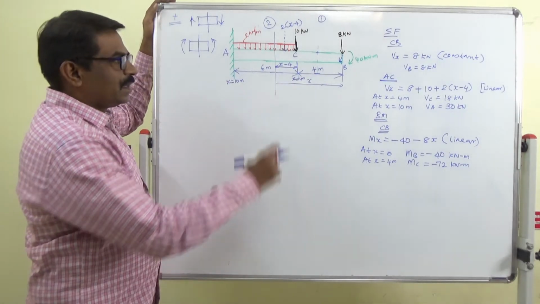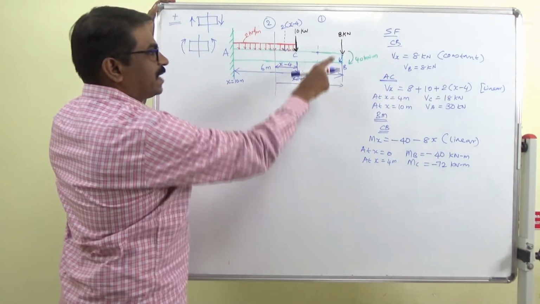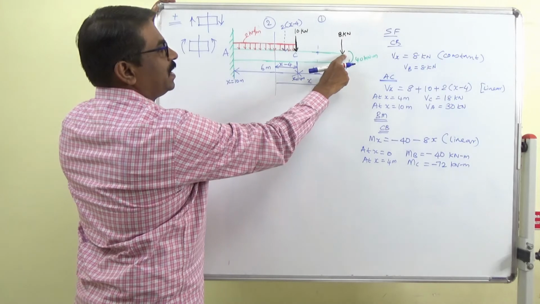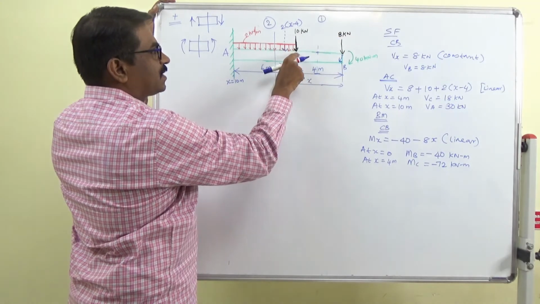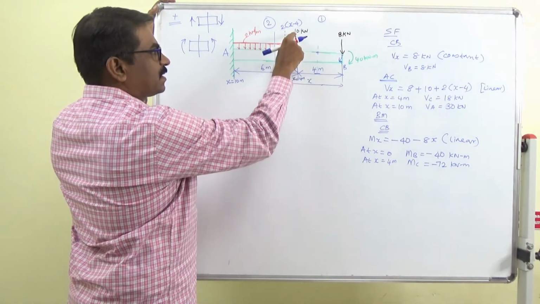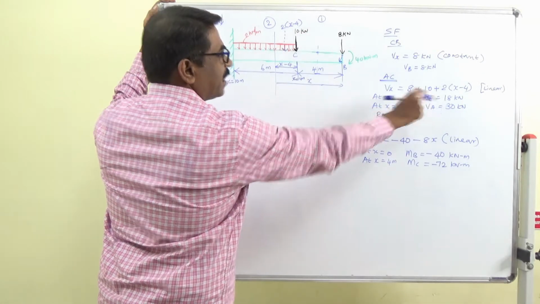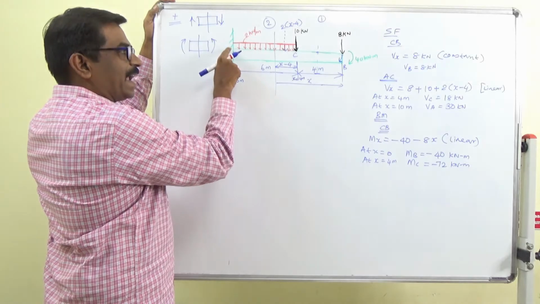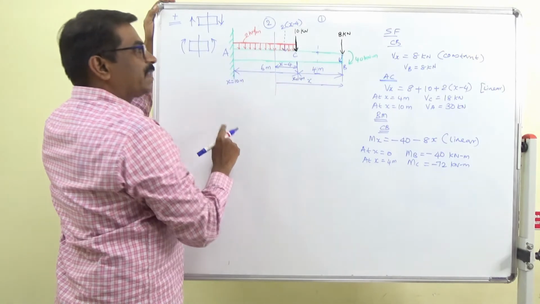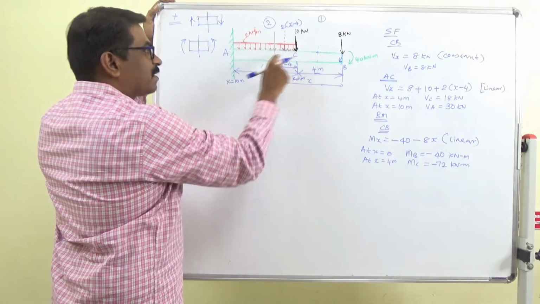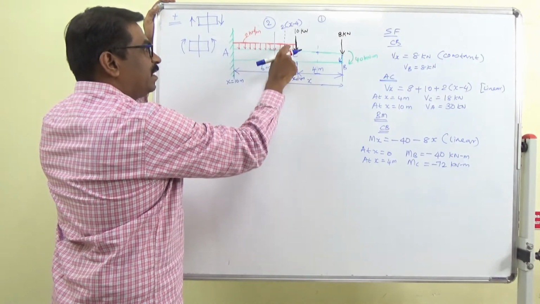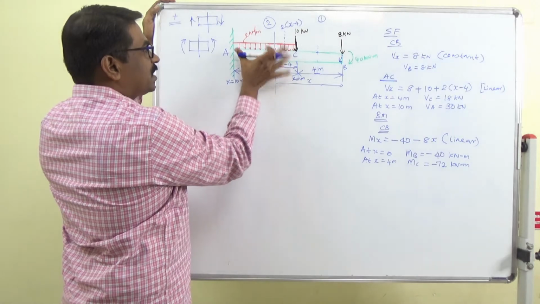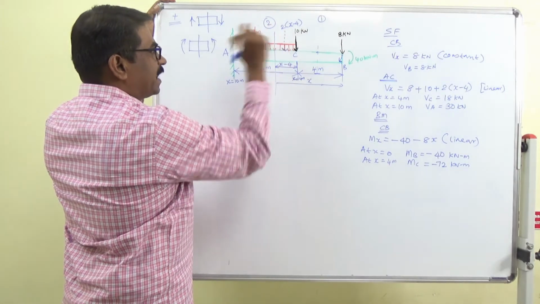Now, even without doing all this, directly we can get the values. At B 8 kilonewton, at C 8 plus 10, so we are getting 18. If my section is here at A, and I look at all other forces, the entire UDL will be converted into a point load. So 6 into 2 is 12, that will be acting at mid.